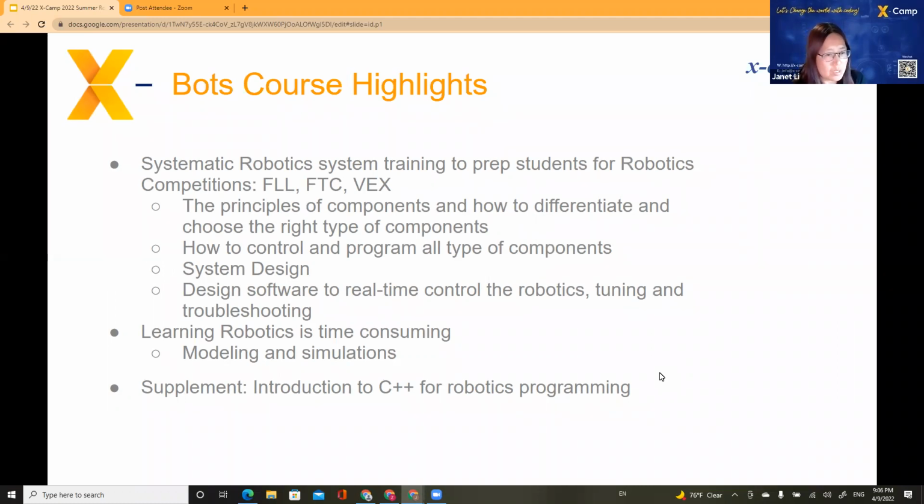It also teaches the kids system design and design software to control robots in real time, tuning and troubleshooting. And this class will use modeling and simulation to help kids get hands-on experience. And a plus: for kids who do not have C++ experience, don't worry. We will do an introduction to C++ for robotics programming.